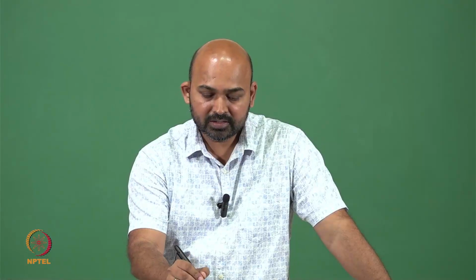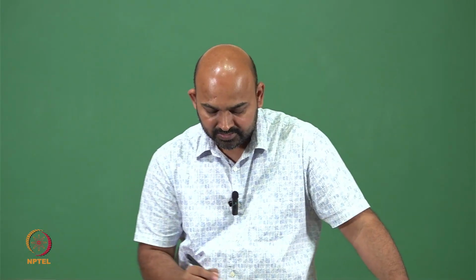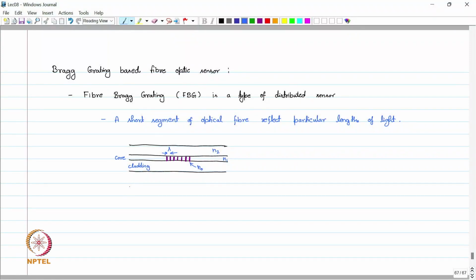If we plot the refractive index graph of this optical fiber, it looks something like this. We have on the x-axis the distance along this optical fiber, and here we have the refractive index, and we are plotting the refractive index of the core.